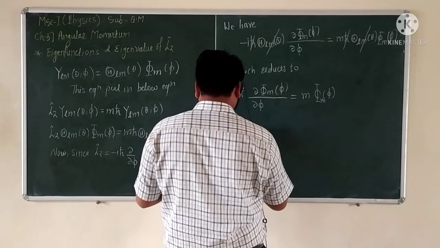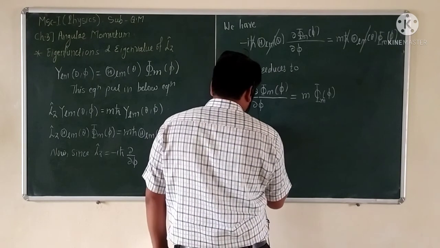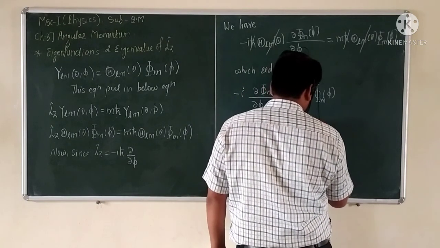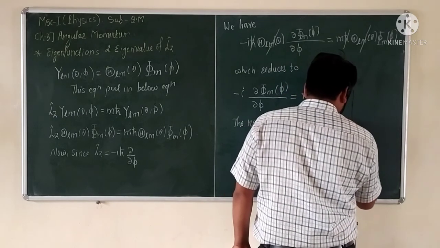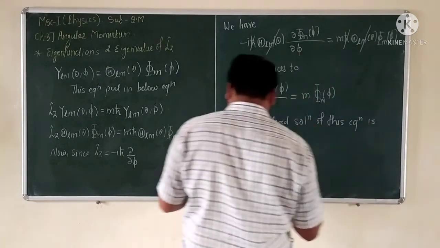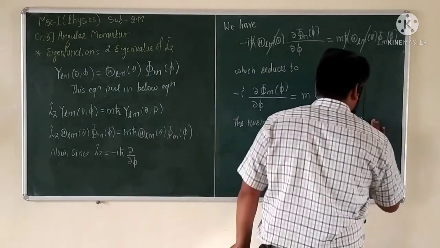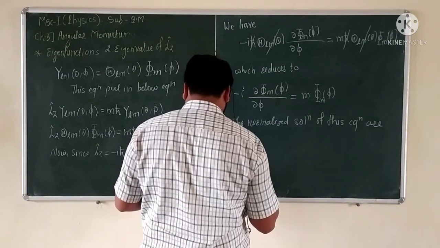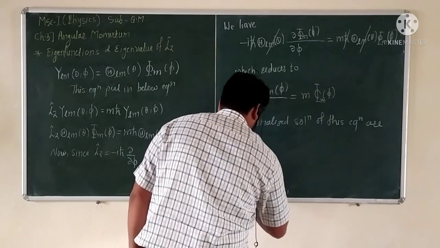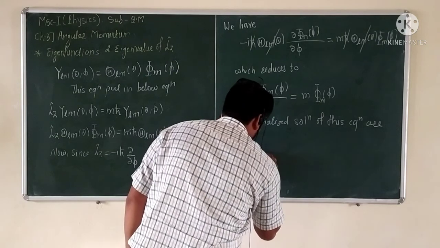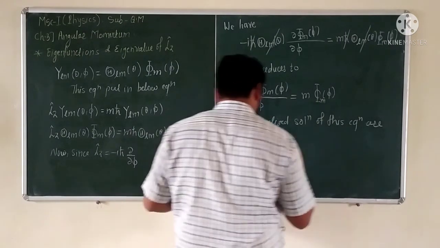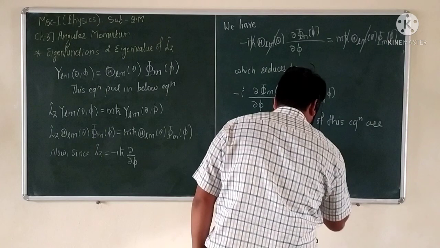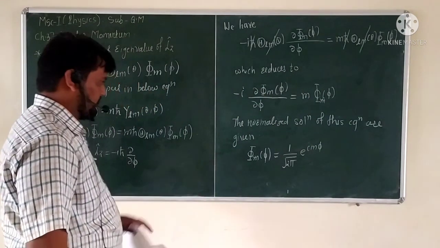The normalized solution of this equation, Φm(φ), is equal to 1 upon root of 2π times e to the power imφ.